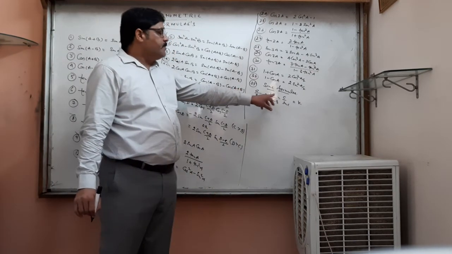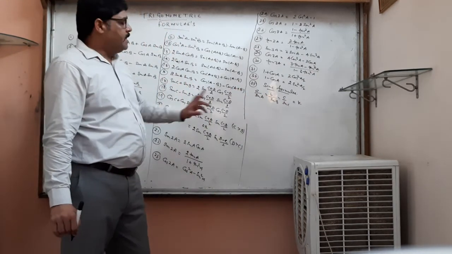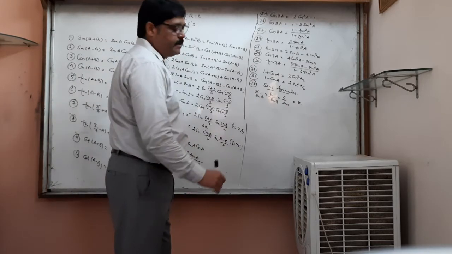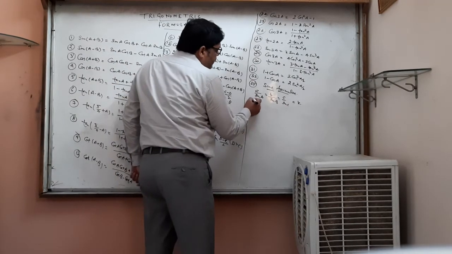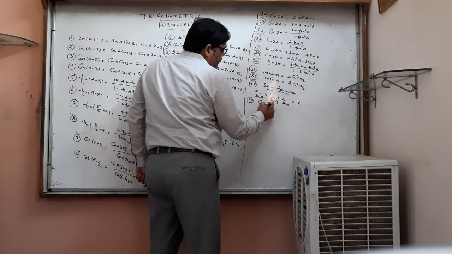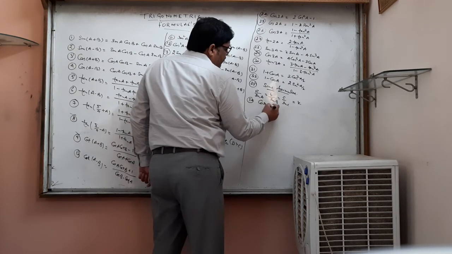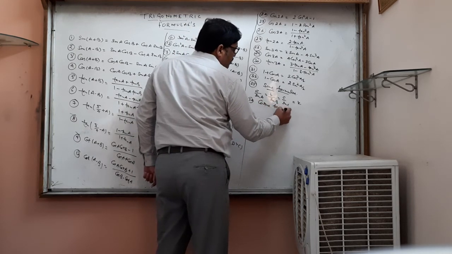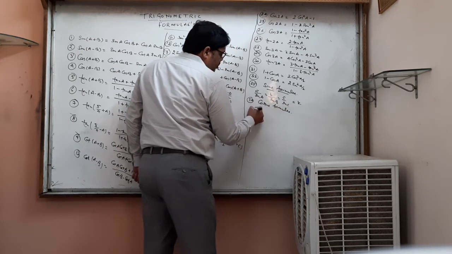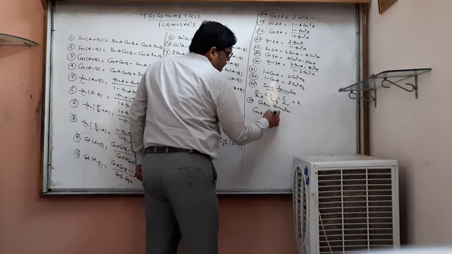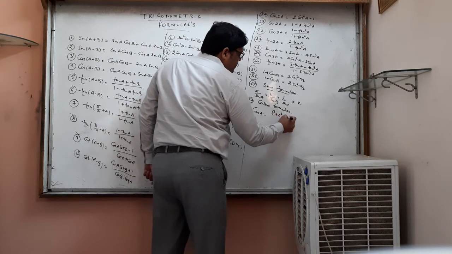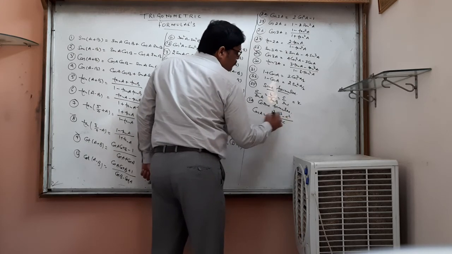These small a, b, c are the sides of the triangle, capital A, B, C are the angles of the triangle. Next one is the cosine formula. That is cos A is equal to b square plus c square minus a square upon 2bc.